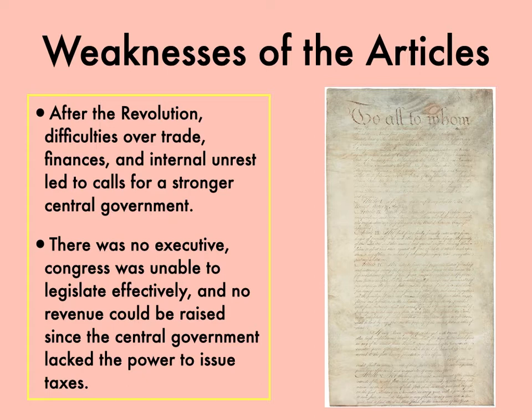Under these articles, there was no executive. Congress was unable to legislate effectively, and no revenue could be raised since the central government lacked the power to issue taxes. In the years after the American Revolution, difficulties over trade, finances, and internal unrest led to calls for a stronger central government.